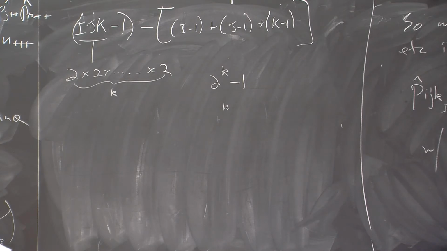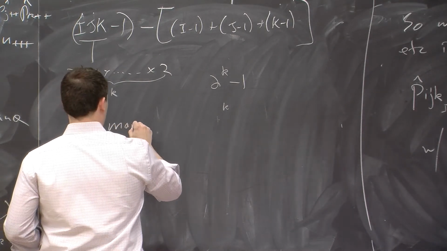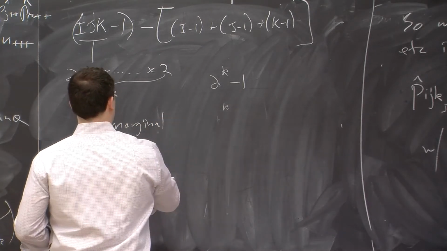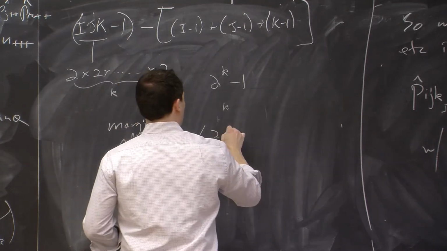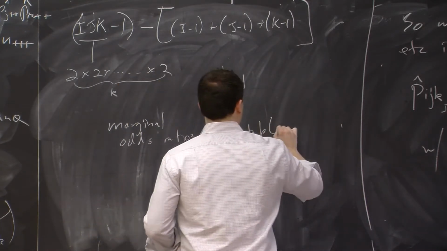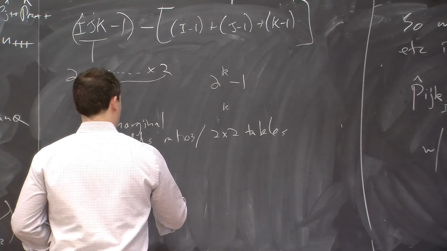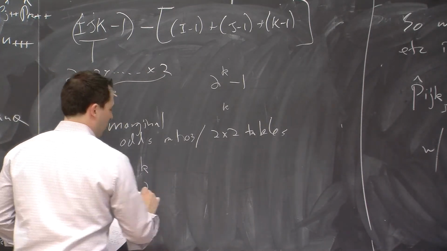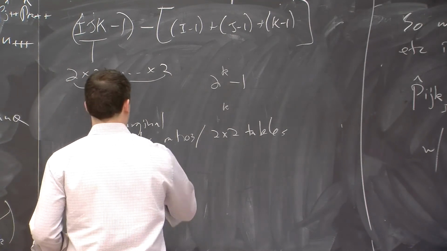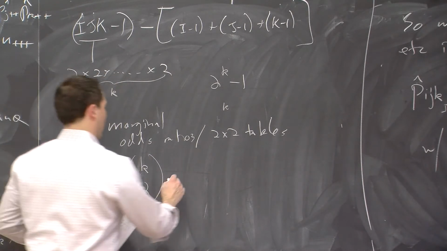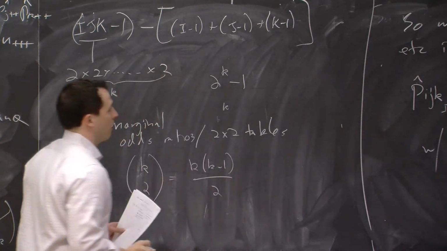And then we can think about things like marginals. So suppose I took marginal odds ratios, 2 by 2 tables. How many of those are there? Well, I take my k ways, and I choose 2 of the ways to keep, and I sum over the rest. So k choose 2 of those, k times k minus 1 divided by 2.